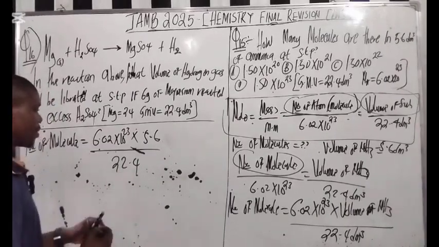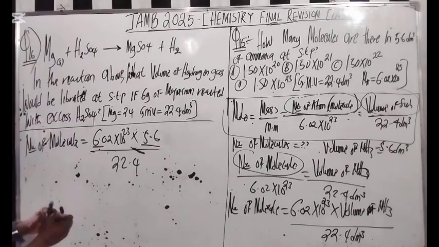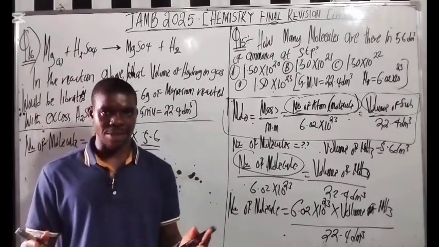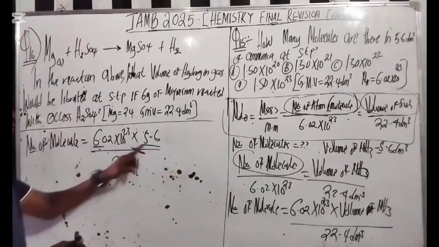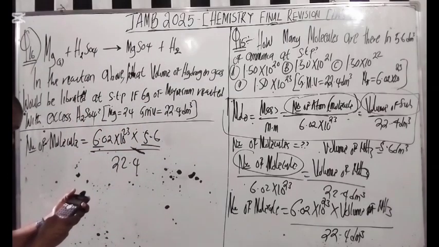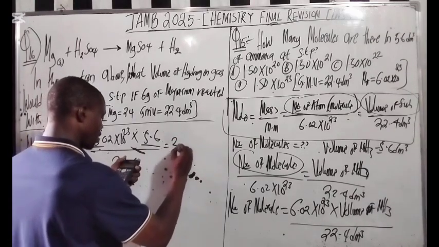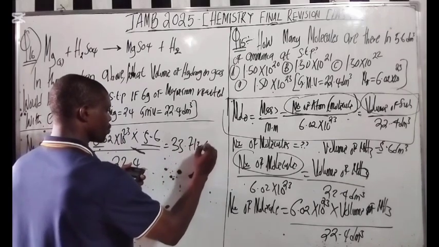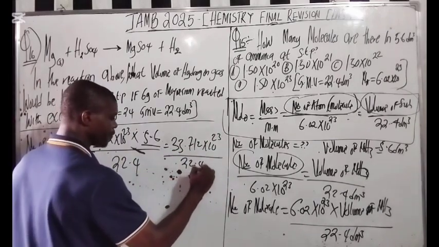So what I want to do here is multiply these two. Remember, you are not using your calculator in your exam, right? There's no calculator in the exam. So I want to multiply 6.02 times 5.6. What are you going to get? You're going to get 33.712 exponential 23 over 22.4.